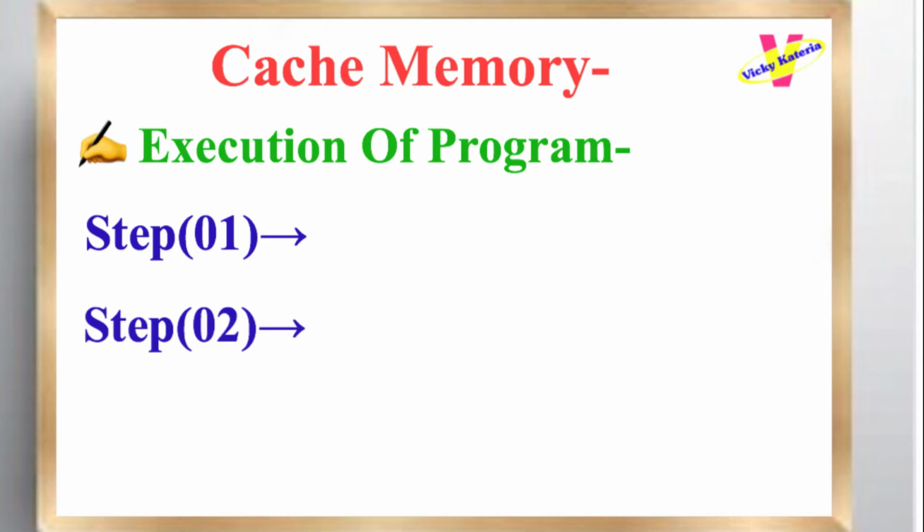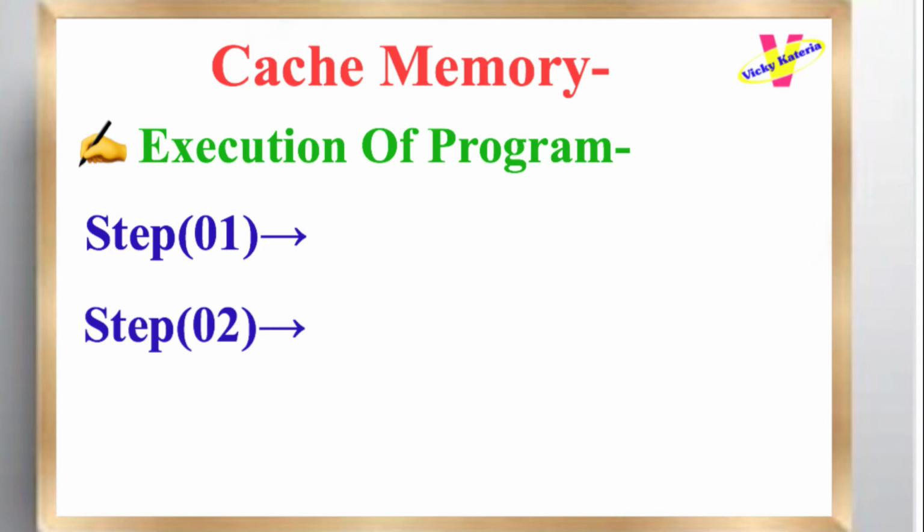Step 2. When the required word is not found in the CPU registers, it is searched in the cache memory. Tag directory of the cache memory is used to search whether the required word is present in the cache memory or not. Now, there are two cases possible.